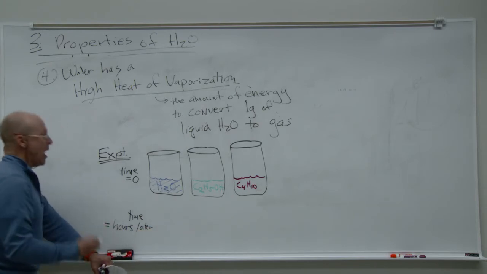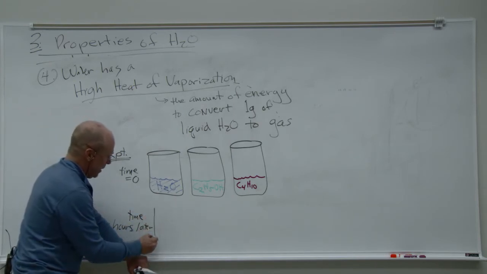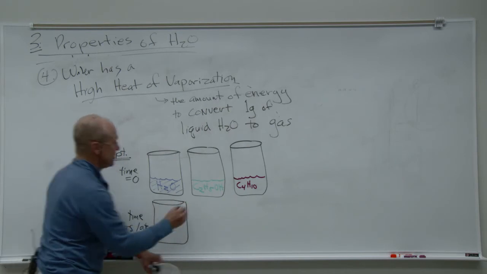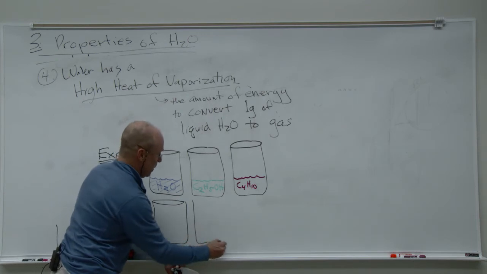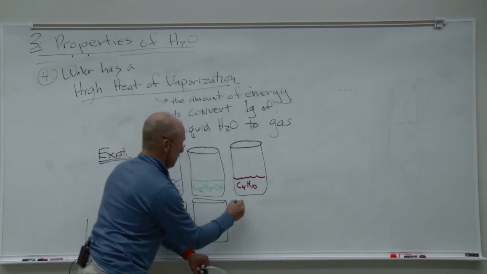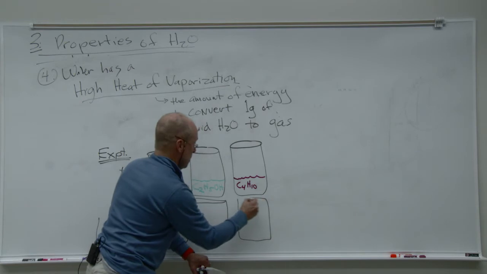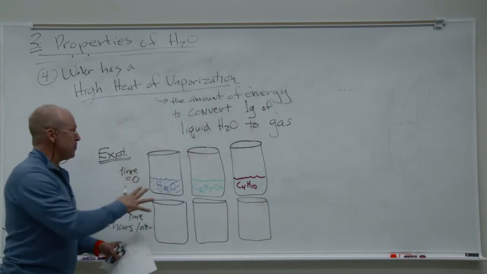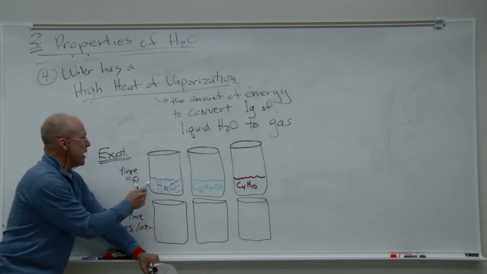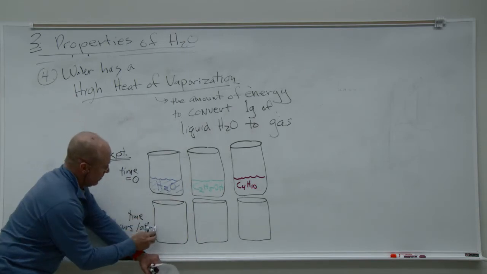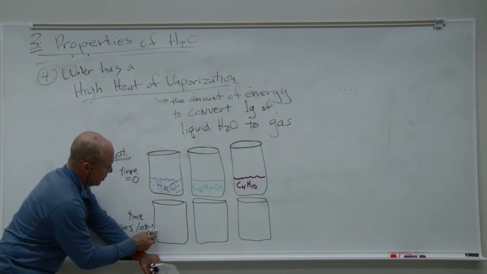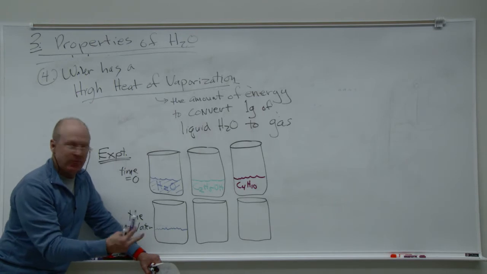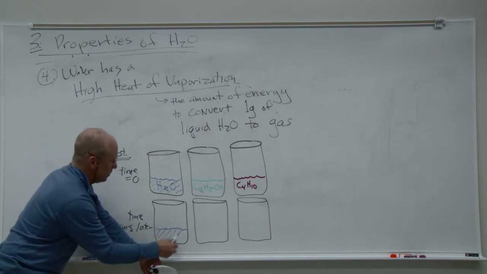So time equals hours later, and let's draw the same beakers and see what we expect after that time has elapsed. So I'll draw my beakers. Okay, so there's the same beakers. So what we would expect to happen in this particular case, we're going to have some evaporation. So maybe the original line was here, and maybe the current water line several hours later, especially in this arid Denver climate, is a little bit lower.